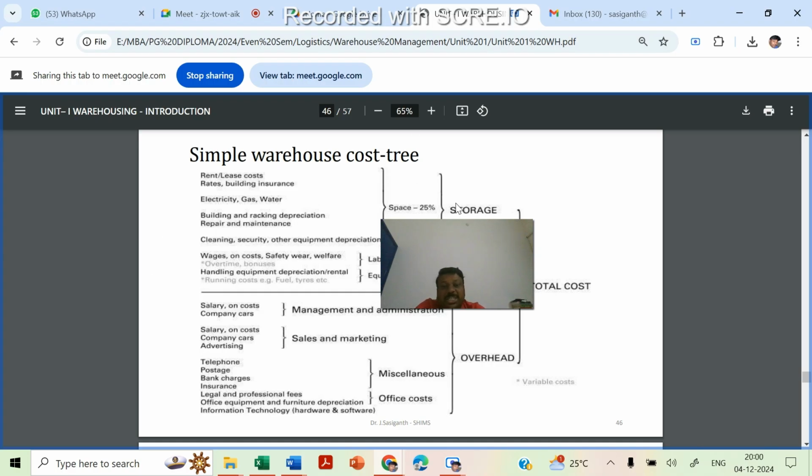This cost tree is categorized into storage, how you handle, how much you invest, and what all the overheads are. So space, labor, equipment, management, administration, sales and marketing, miscellaneous, office costs, and so on. Everything is your total cost. This is a simple warehouse cost tree.